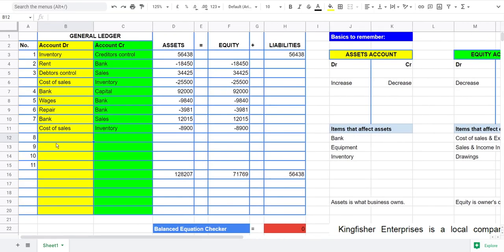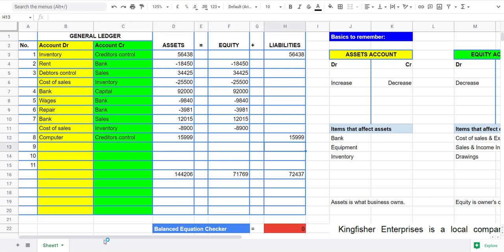All right. So you're going to go here, and then we will have the computer, and then we will also have the creditor's control. So our assets are going to increase by 15,999, and then our liabilities are also going to increase by 15,999.